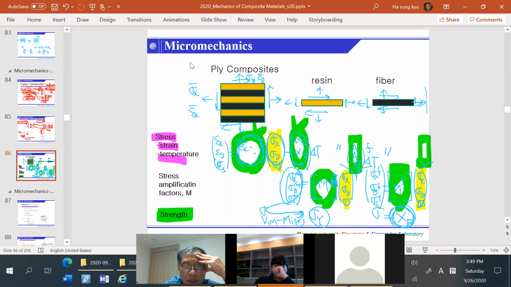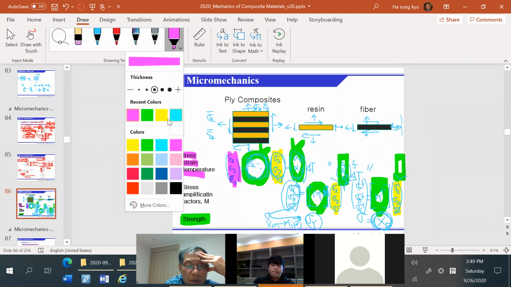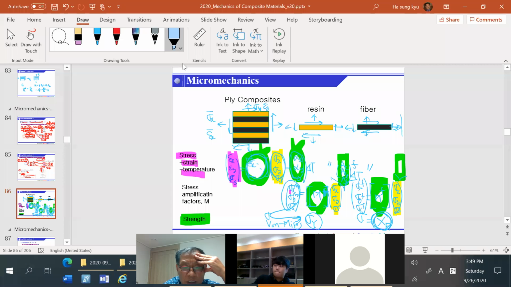Stress-strain relations: we have a stress and we calculate the composite strain using the equations. Now using these stresses, we calculate how much stress is in the matrix and how much stress is in the fiber directly.